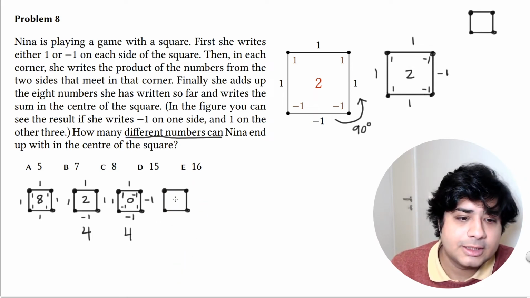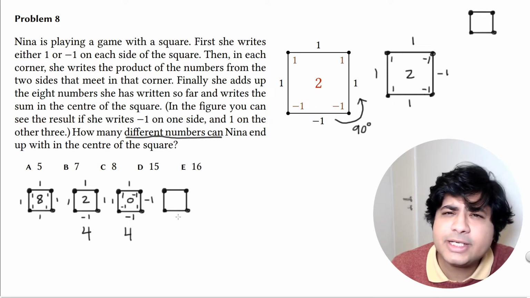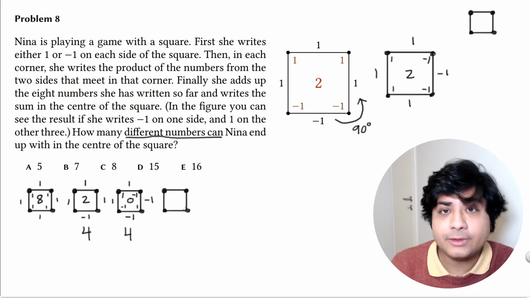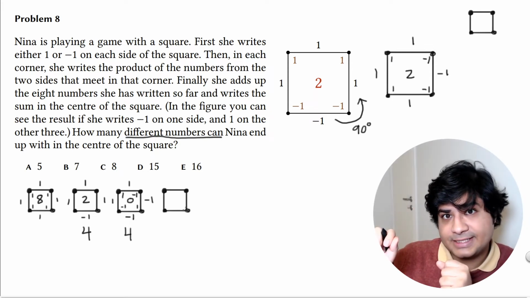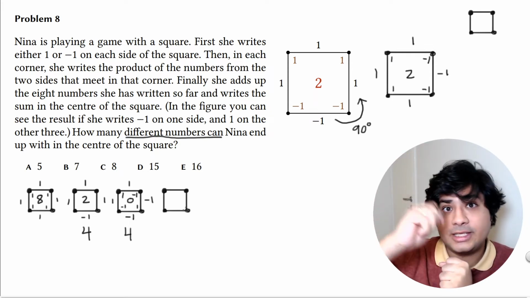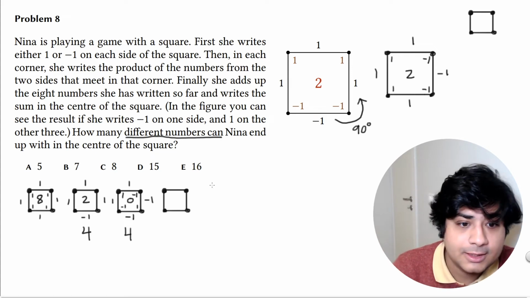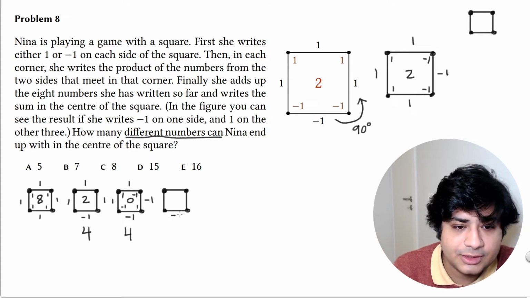And then let's do... What is the other way that we can have negative numbers? Well, they can either be side by side or on the opposite side of each other, right? So let's count that too. There's a -1 here and a -1 here. And then there's a 1 and a 1.